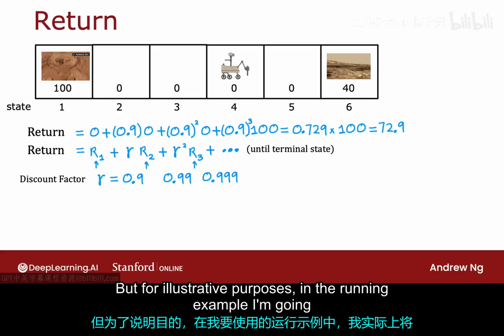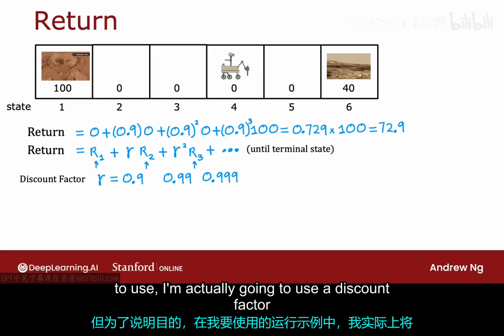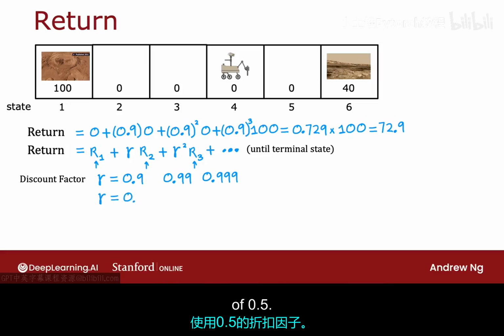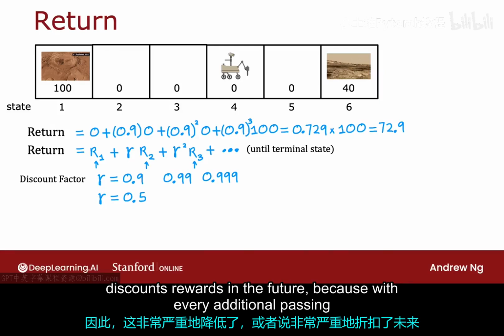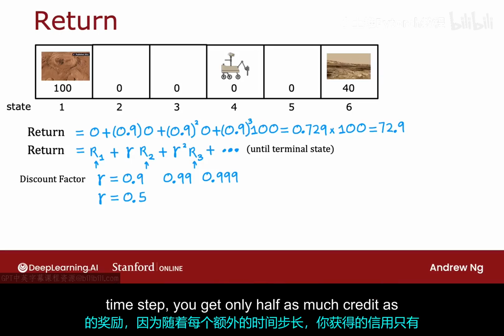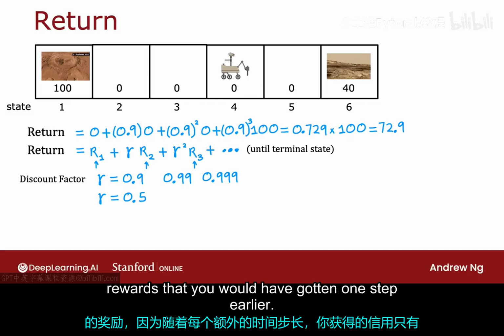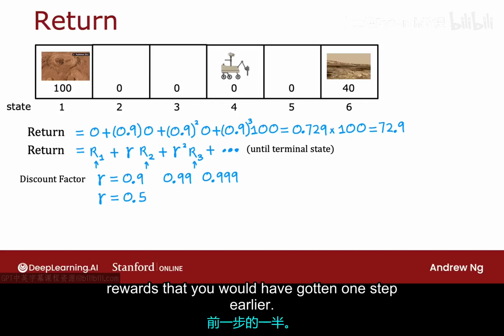But for illustrative purposes, in the running example I'm going to use, I'm actually going to use a discount factor of 0.5. So this very heavily downweights, or we say discounts, rewards in the future, because with every additional passing time step, you get only half as much credit as rewards that you would have gotten one step earlier.